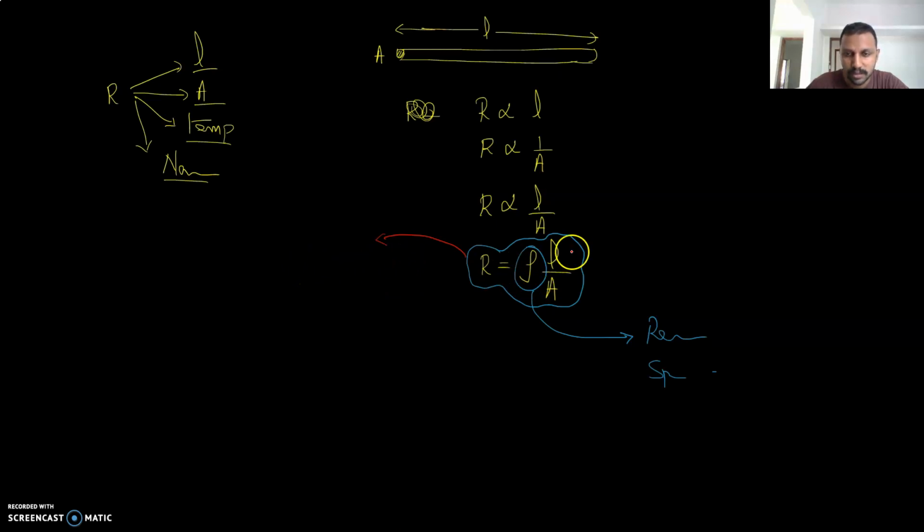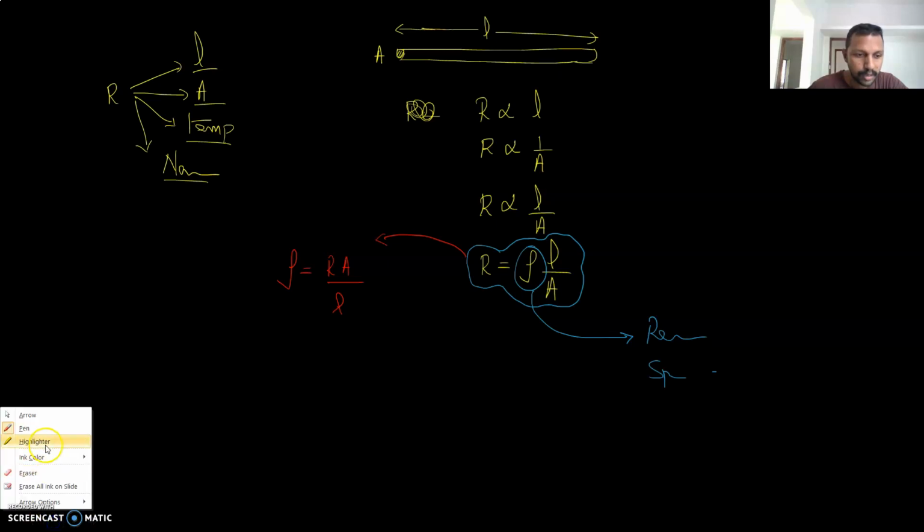That is, if R is equal to rho L by A, we could write rho is equal to RA by L. I'm keeping rho on this side and taking the other terms to the other side. Therefore, rho equals RA by L. This is one important equation.